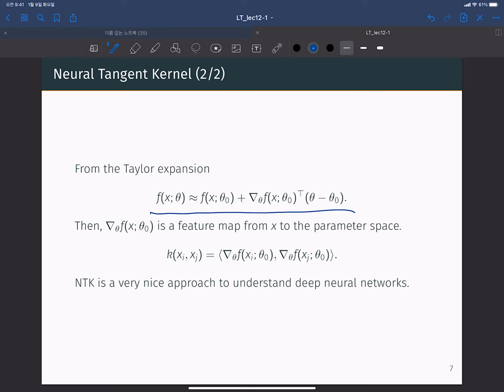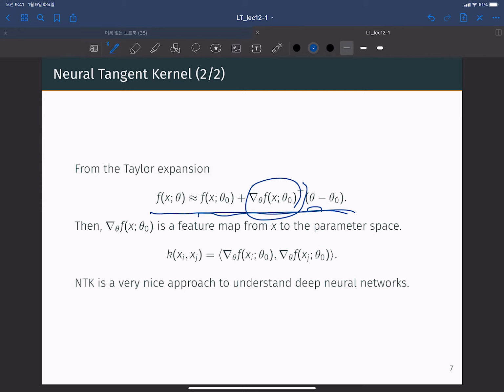So when we control the parameter theta very little bit, very tiny amount from the original theta 0, we can approximate the function using this tangent function. Okay, we can approximate any function using first order polynomial. The slope comes from the gradient.